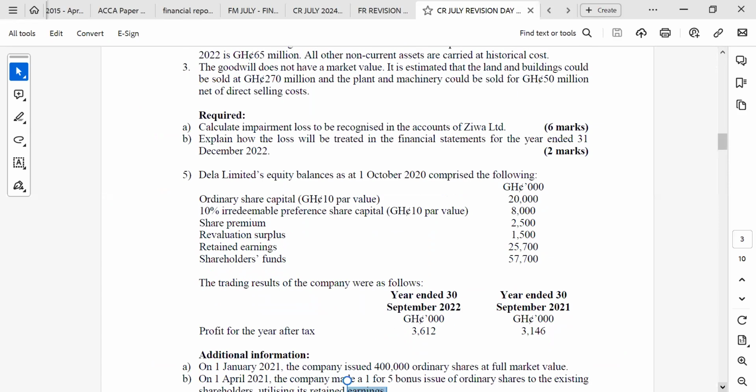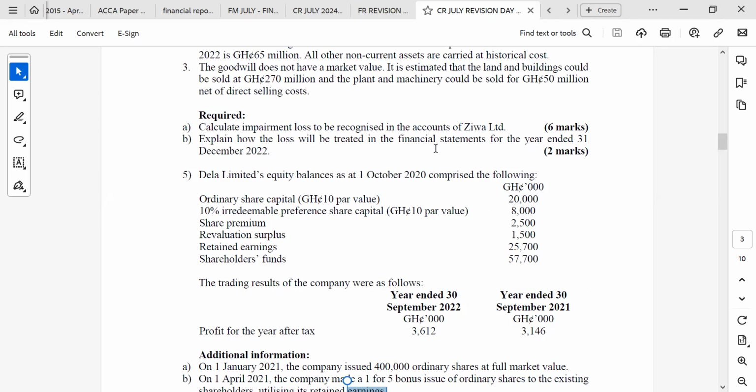They have 8 million, and we are paying 10% on the value, so that will be 800.